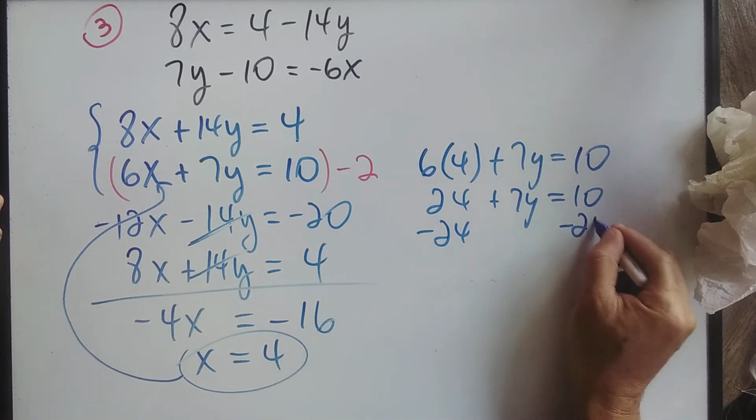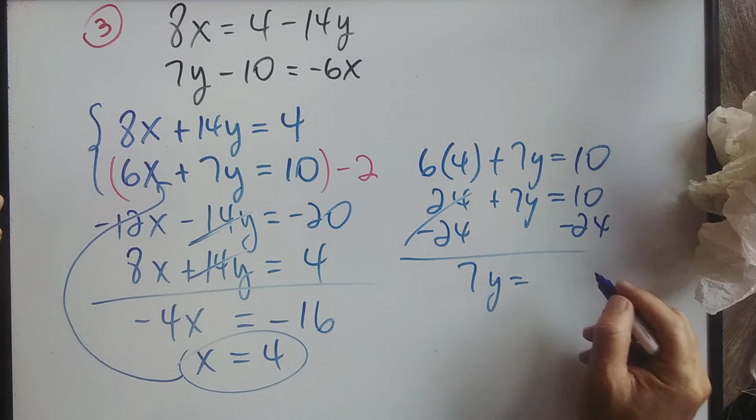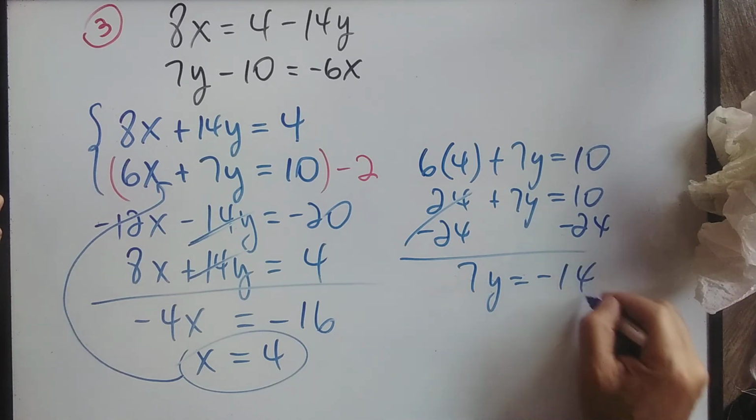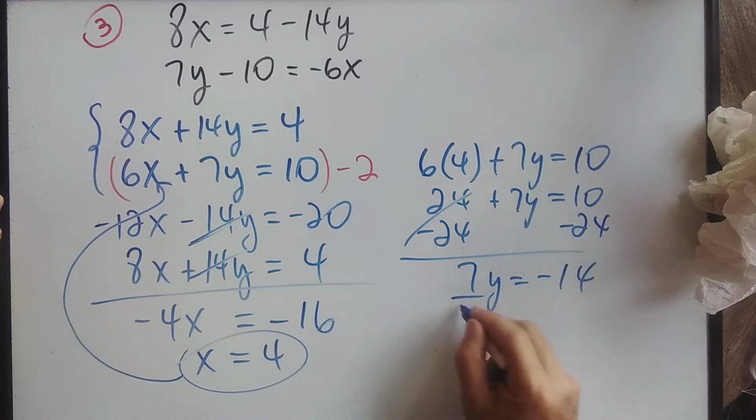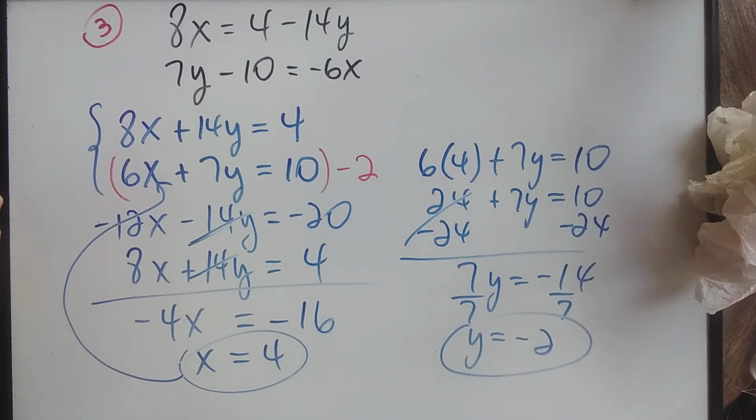Subtract 24 from both sides. 7y equals negative 14. We divide by 7 on each side. y equals negative 2.